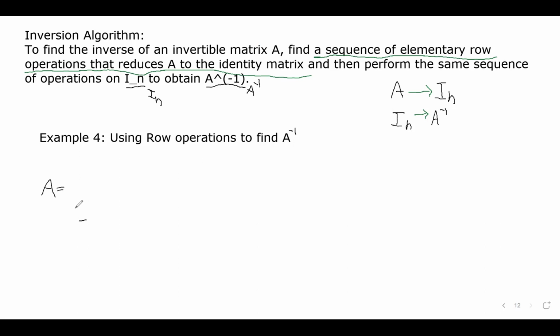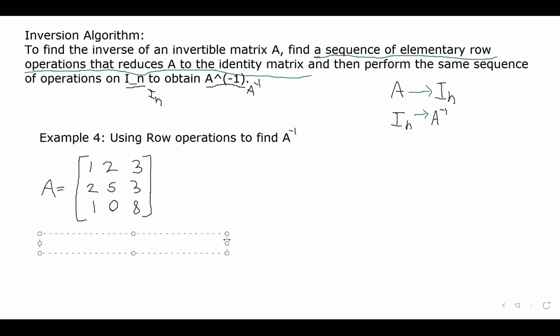So A is this 3 by 3 matrix: 1, 2, 3, 2, 5, 3, 1, 0, 8. So we want to use row operations to find the inverse.